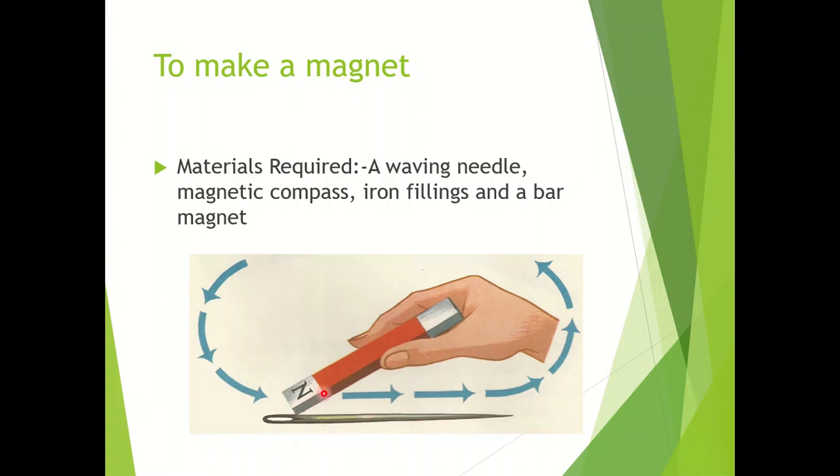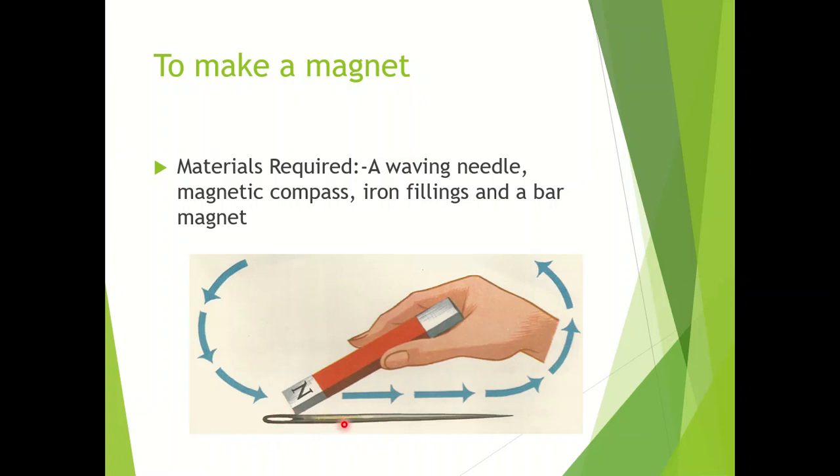First of all, we will take the north pole of the bar magnet down, and we will rub it against the weaving needle from point A to point B. When this magnet reaches point B, we will lift it up and bring it back to point A again.